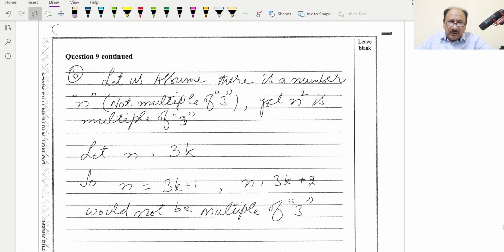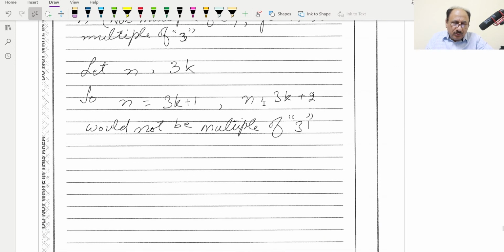Now we can take, for example, n equal to 3k plus 1, and we will square both sides.